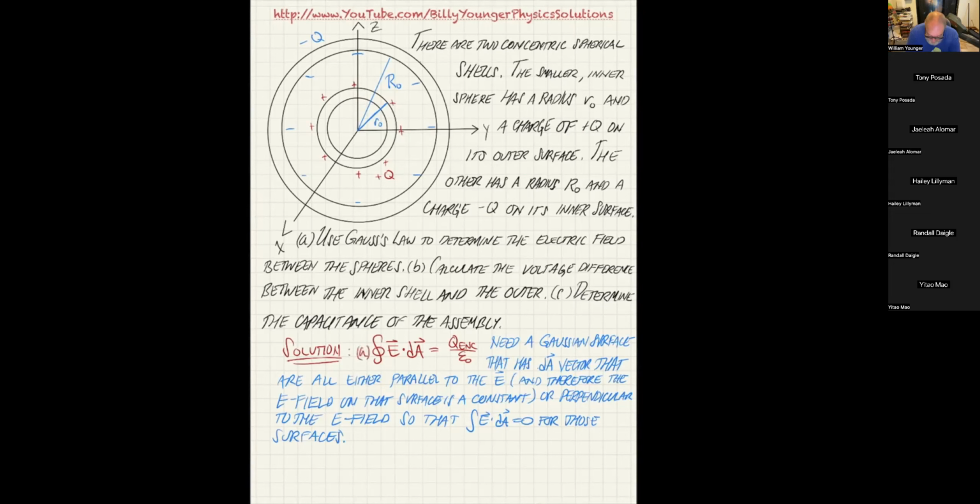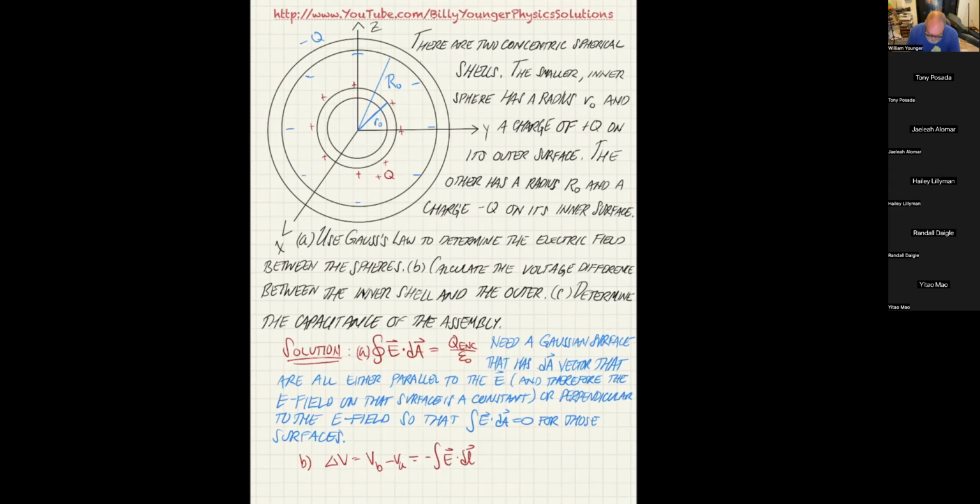And then for part B, we're going to use delta V, which should be VB minus VA. I'm just using A and B in the alphabet because A comes before B. B looks like it'd be a later result, and that's what delta is supposed to be, final minus initial. But that's equal to the negative integral of E dot dL.